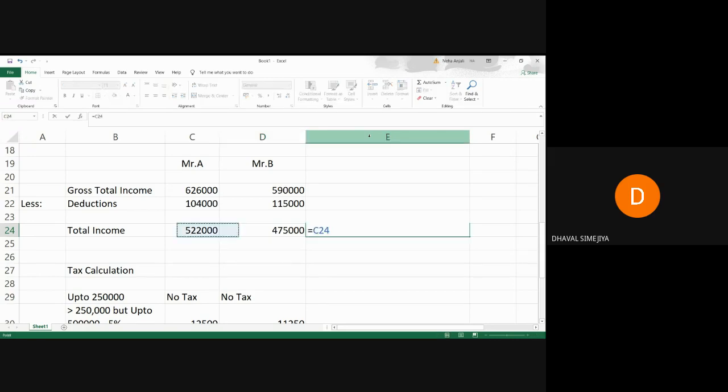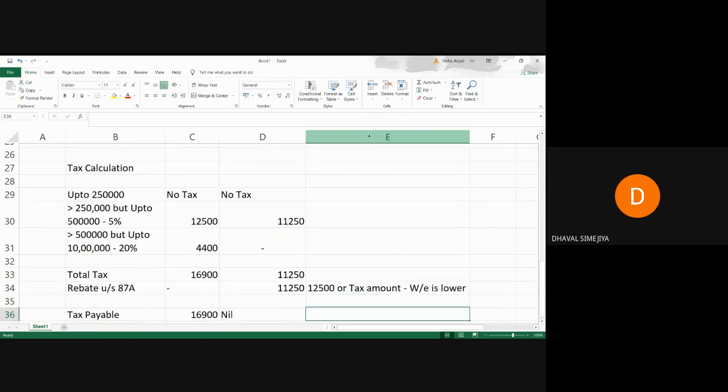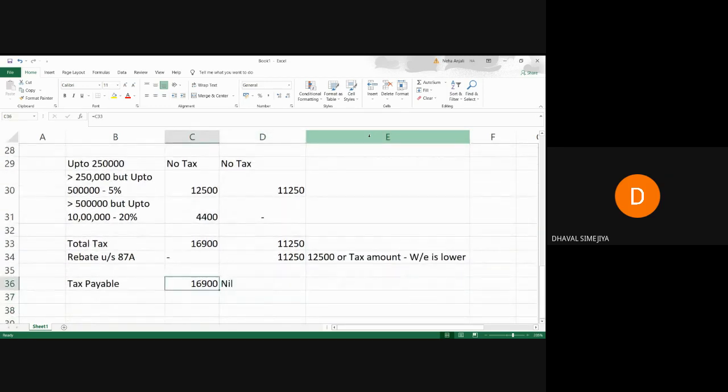If you do the difference amount, you find that 47,000 rupees, Mr. A will earn more than Mr. B, and then tax payable will be 16,900 rupees, and for Mr. B it will be nil.